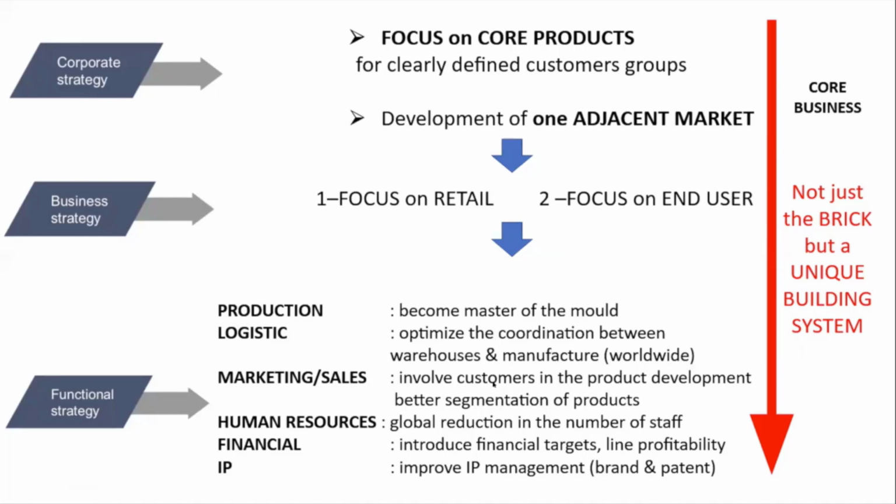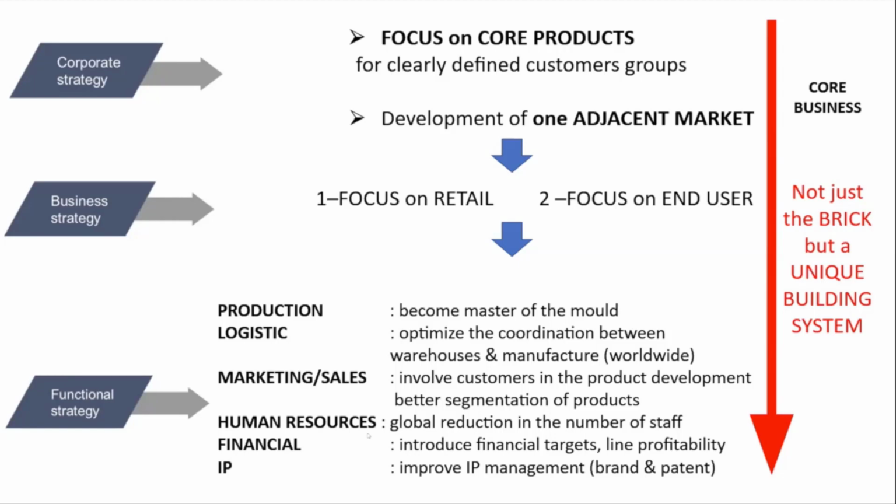From the marketing and sales department, we could identify two of them: involve customers in the product development, but also have a better segmentation of products. At the human resources level, the document says they could have a global reduction in the number of staff.